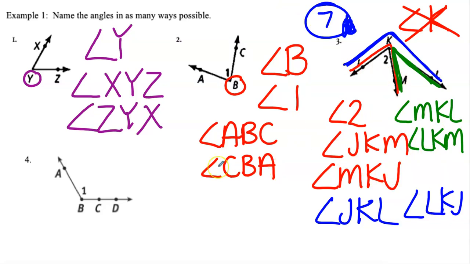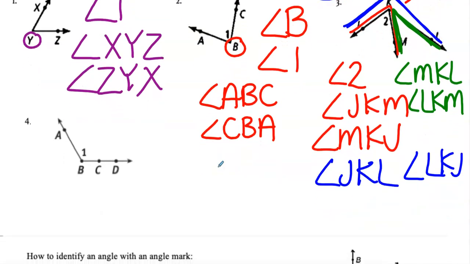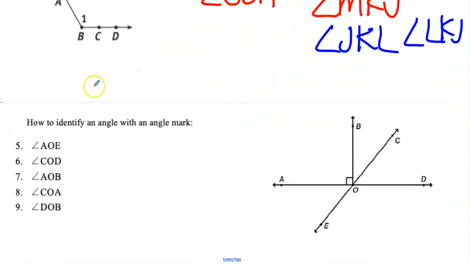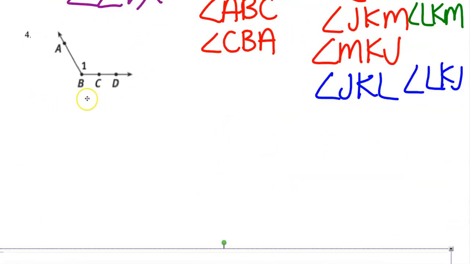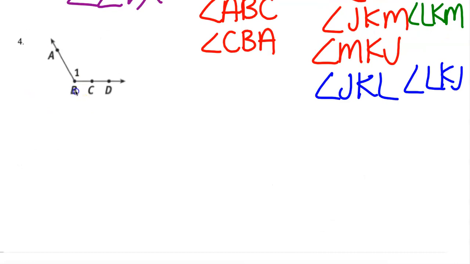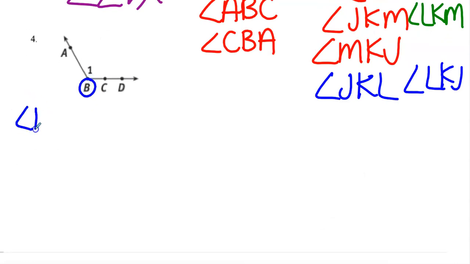All right, let's do one more together. All right, for number 4, my vertex is B. So I can say angle B. I have a number, so I can say angle 1. And now I need to use my 3 letters. So A, B, C will be one way.